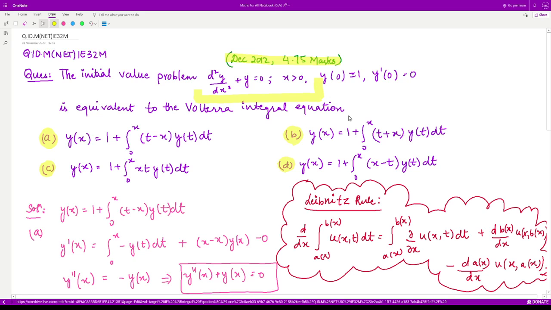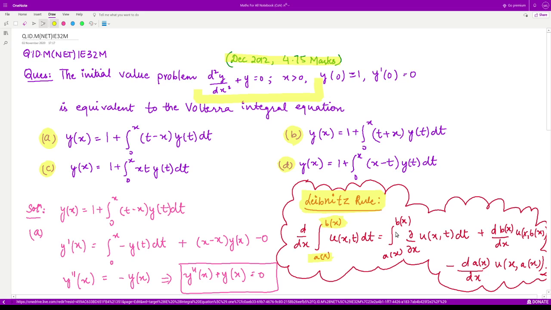The thing that you need to know is that to convert any integral equation to the given differential equation, we must differentiate it, and the rule for doing this is the Leibniz rule. What is that? It is taking the derivative with respect to x of some function under the integral sign, where the limits of integration are some functions a(x) and b(x). They could also be constants, so depending on the question these could vary.